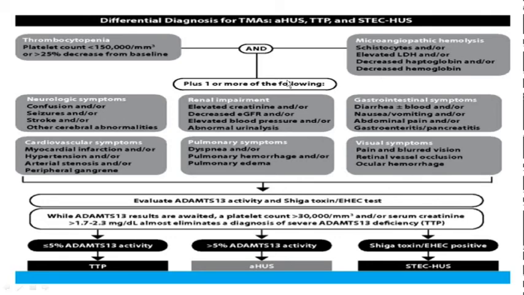Then the clinical features like neurological, renal, GI, visual, pulmonary, and cardiovascular symptoms: almost any one or more of the following will be present in all three conditions. Then you evaluate ADAMTS13 activity or Shiga-like toxins. If ADAMTS13 activity is less than 5%, it corresponds to TTP.